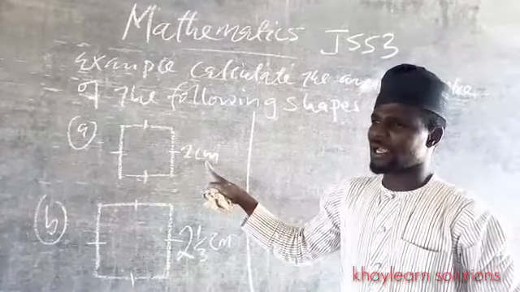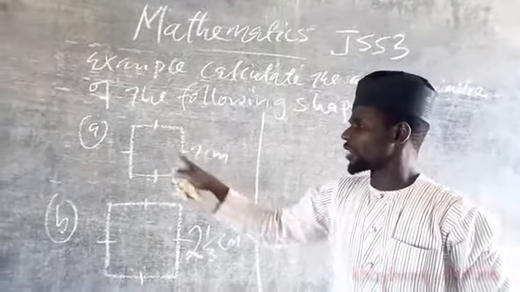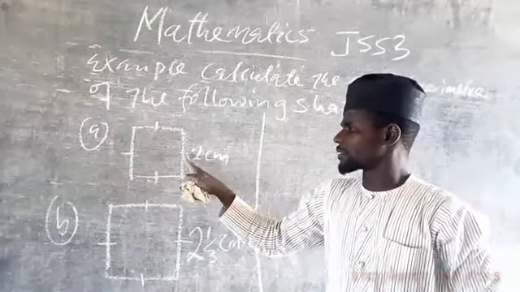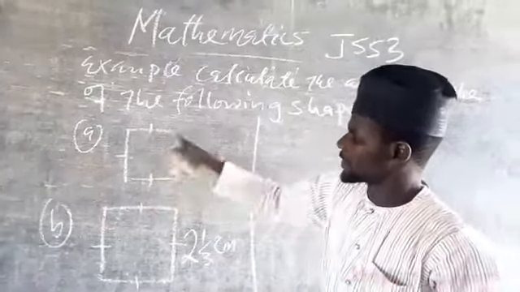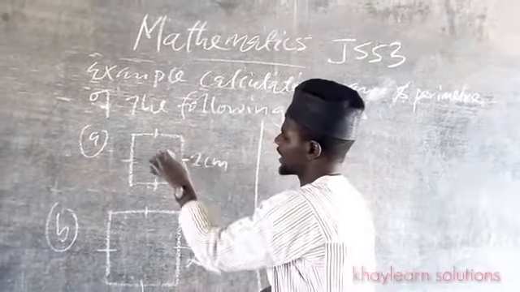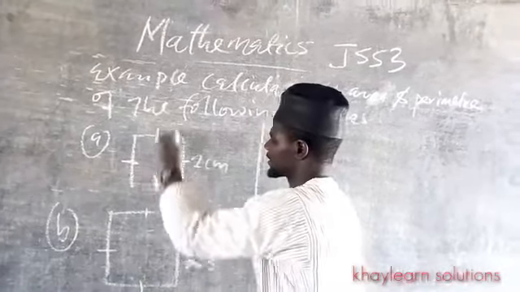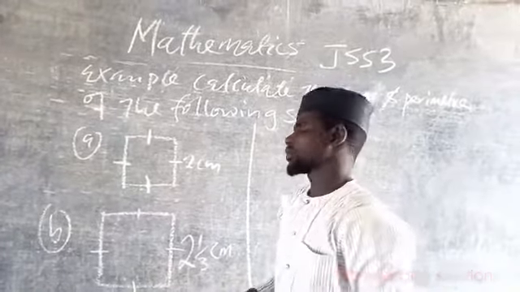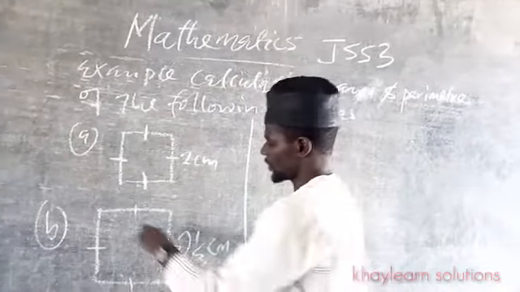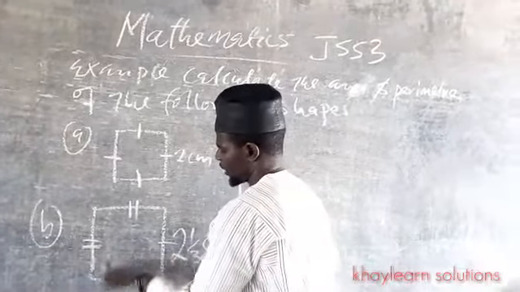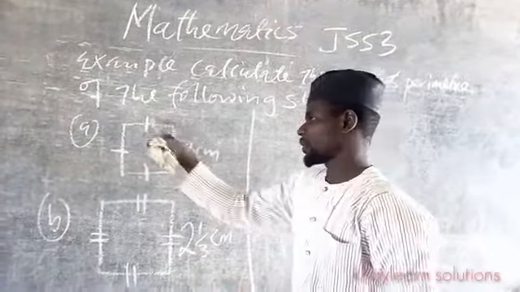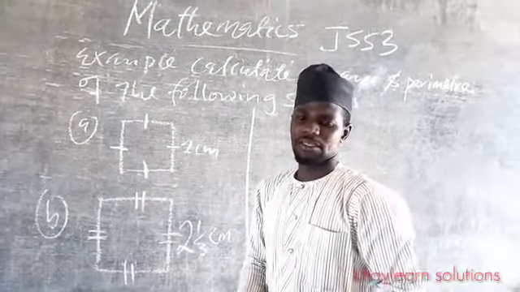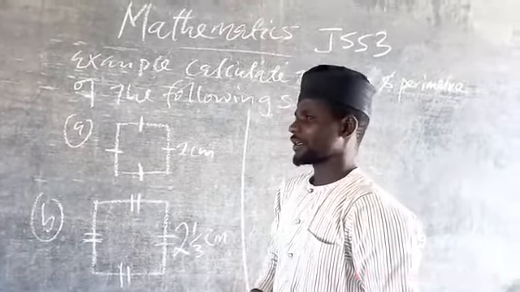Like I previously said, a square has equal lengths. Whatever is here, it will be here, here, and here, regardless of the size or the length. Since this line and this line exist on both sides, definitely the lengths are equal. So this one is also a square because the lengths are equal everywhere, whether it is a single line or double line, all of them signify that the shape is a square.